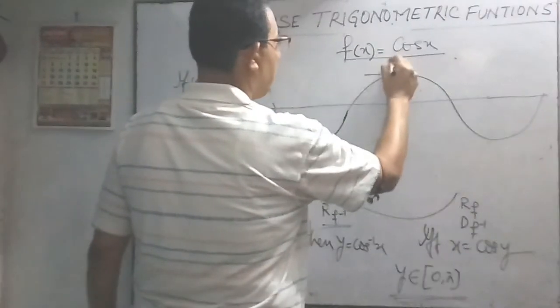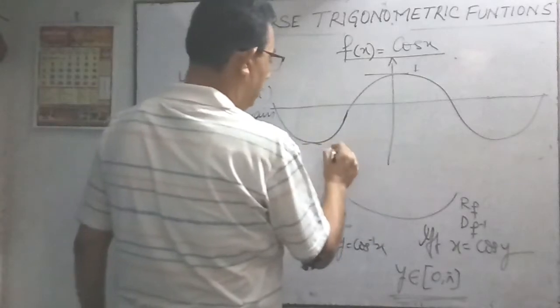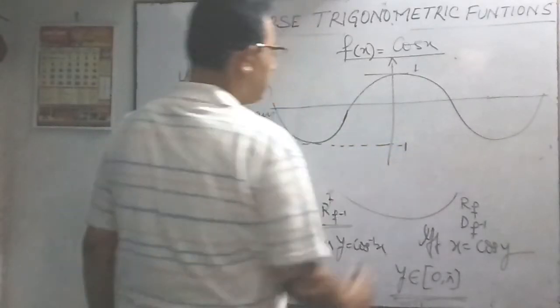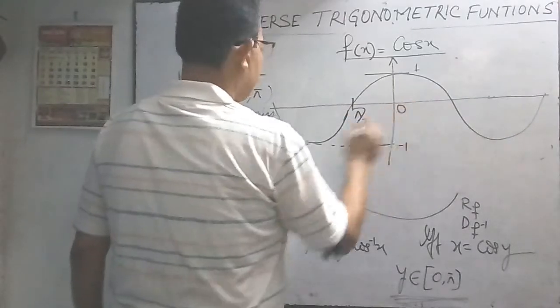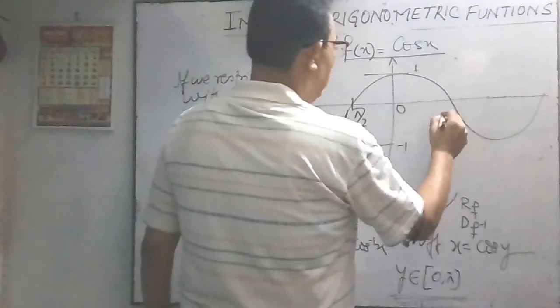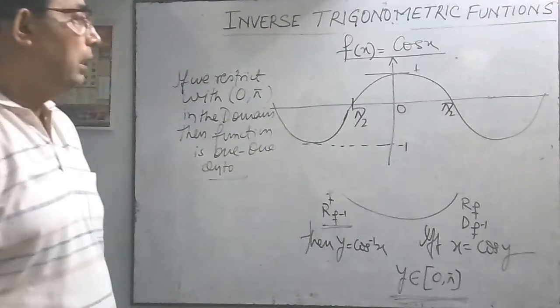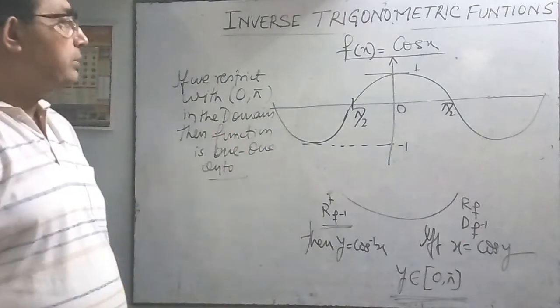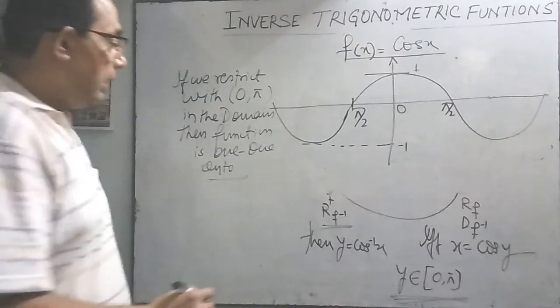It is 1 and this is minus 1. It is pi by 2, it is 0. Clear? It is pi by 2. Understood? This is the graph. In the cos, move this way.